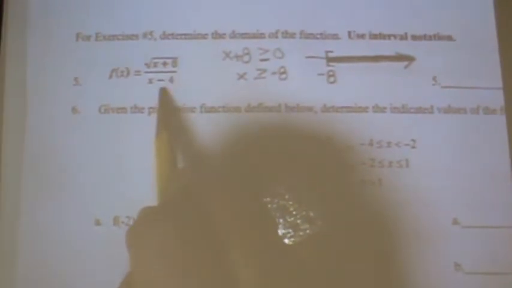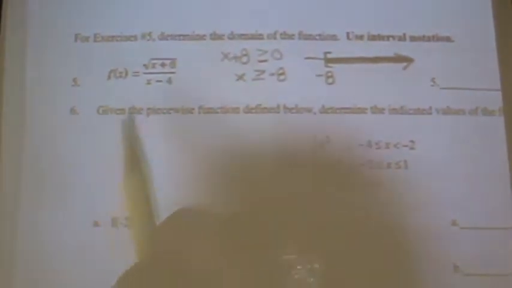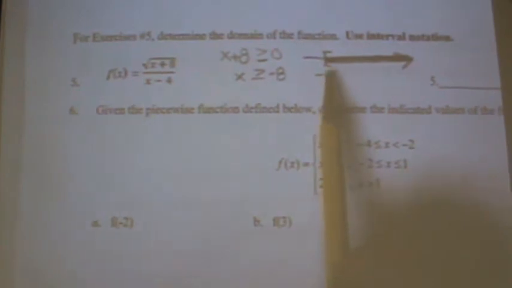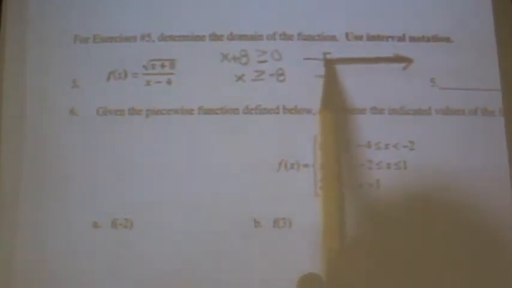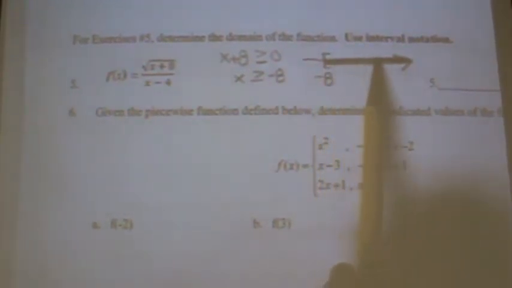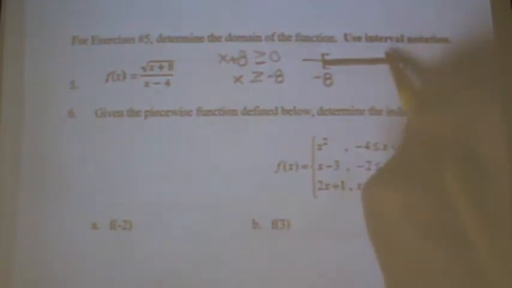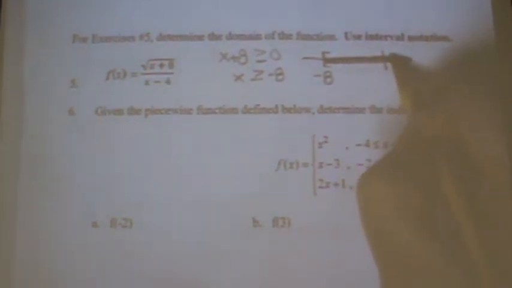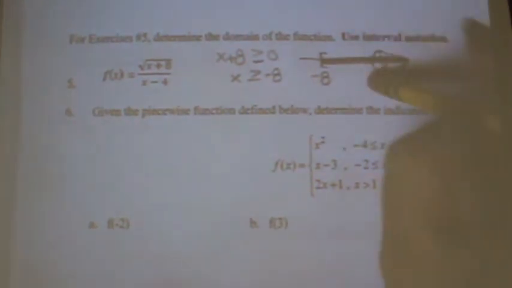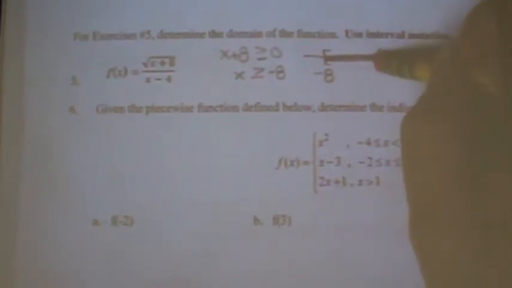But there's a number that we can't have in the denominator. What is that? So here we are starting at -8, we're moving along, and at good old number 4, what happens? Pop, a hole here. Can't use it, why?